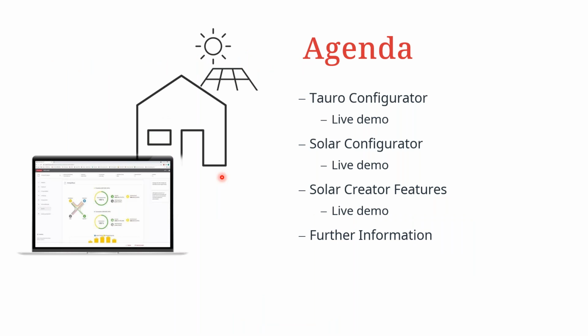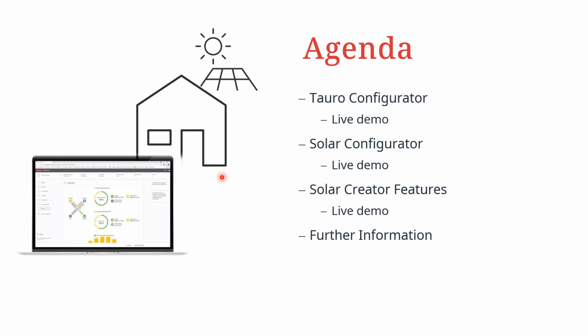So the agenda for today, we are going to be discussing, like I said, the Fronius design tools, the available tools that you can use to configure PV systems. We have three specific tools that we are going to be talking about today. Number one is the Fronius Tauro.configurator, and then we will also do a brief demo on the Tauro.configurator.